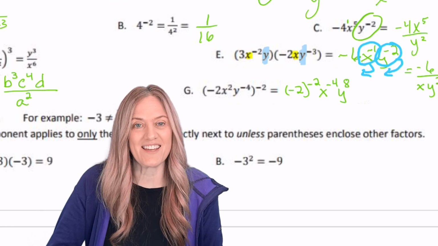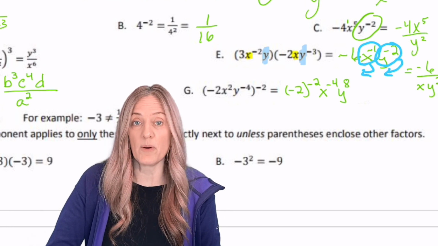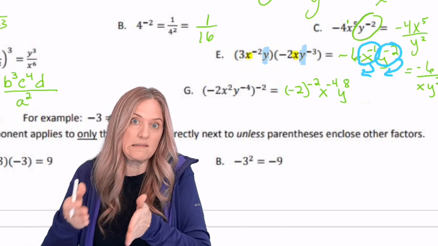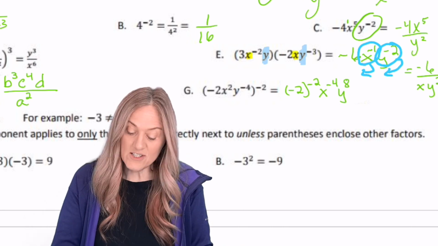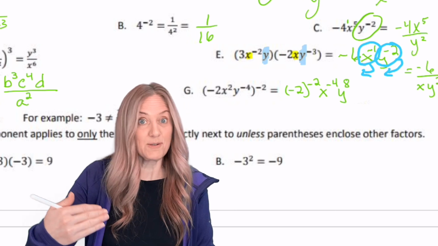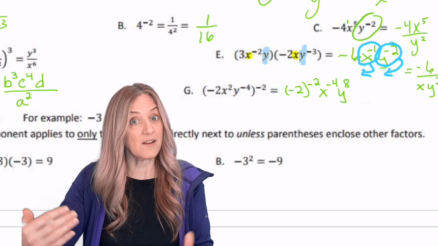So the interesting thing is when I multiplied in the -2 exponent to the other pieces of that, we ended up changing the y from a negative exponent to a positive exponent because -4 times -2 is +8.